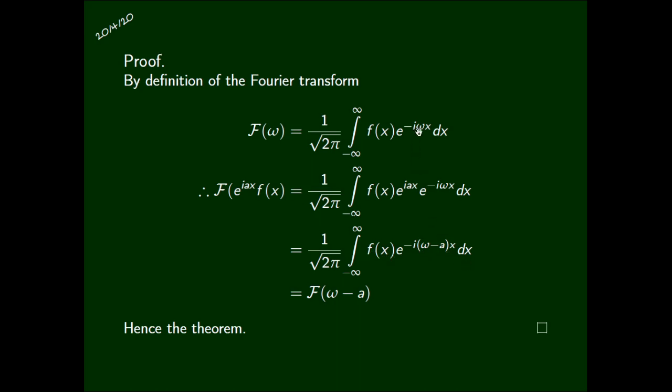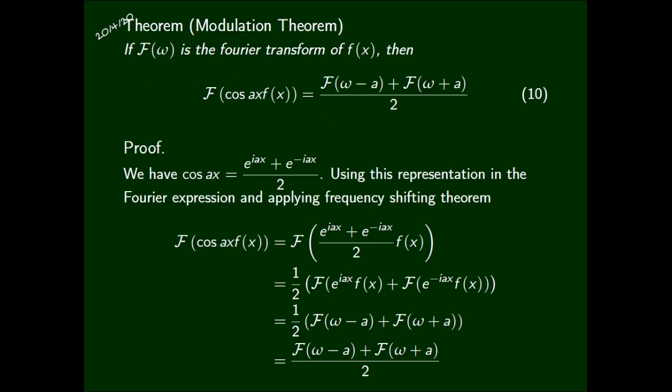If you have omega here, that is the Fourier transform of omega. In the place of omega, I have omega minus a. So it is the Fourier transform at omega minus a. That means multiplication by e raised to iax leads to shifting in the frequency domain by a units. It is known as the first shifting theorem, or simply the shifting theorem in the frequency domain.